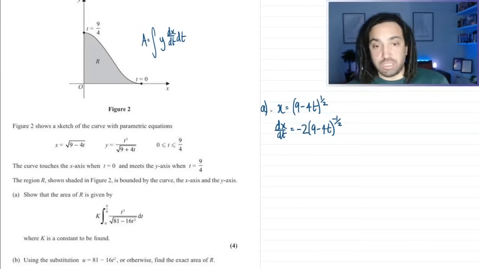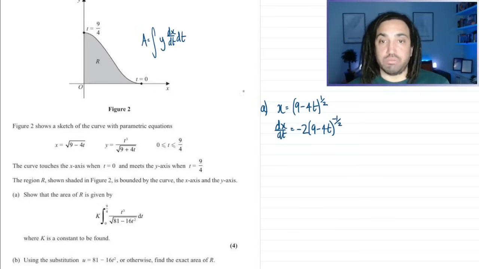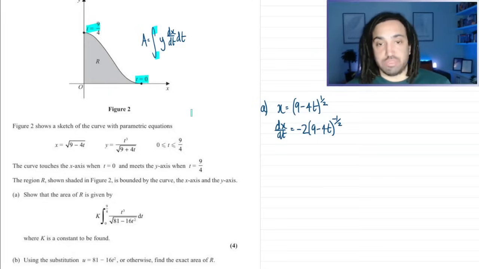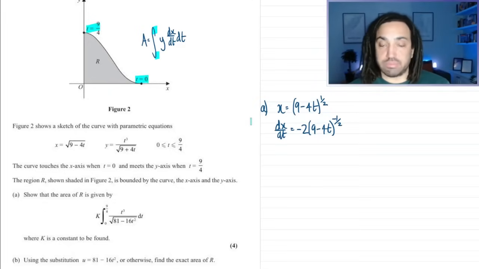Okay, good start. In order for us to do parametric integration, we need the limits to be in terms of t, which they already are. So perfect, don't need to convert them from x to t. Great, that's a step saved. So now I think we're just ready to go then.